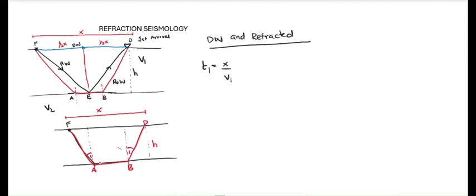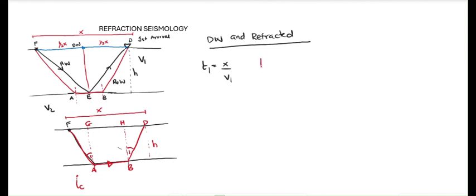Now, because the refracted ray was refracted along the boundary, this i is my critical angle of incidence, right? And it's the same for this side. You get it? So let me call this side J and H. So I have these shapes.